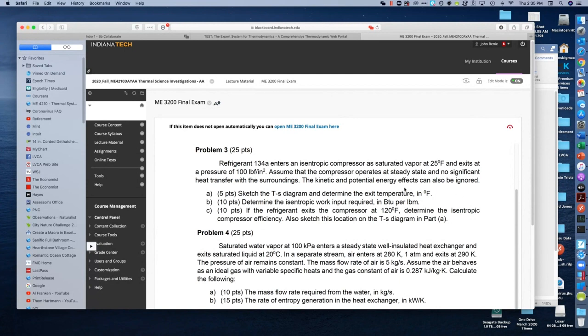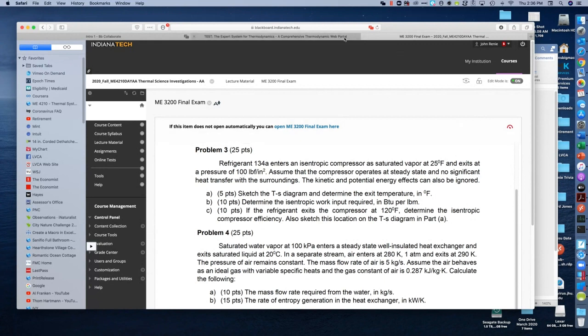Kinetic and potential energy effects will be ignored. And so the first thing we're going to do is look at the isentropic process, going from 25 degrees Fahrenheit as a saturated vapor, expanding isentropically to a pressure of 100 psi.